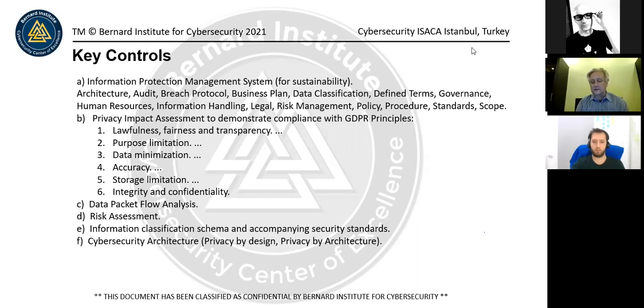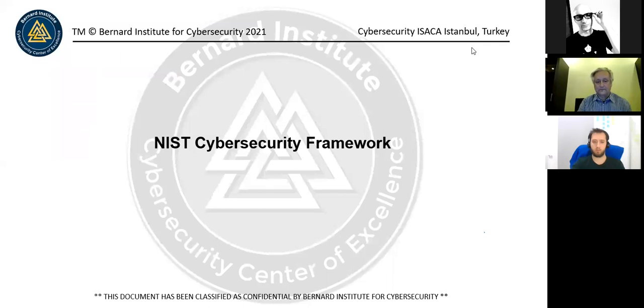And you need to have some kind of information handling procedure to teach people. And again, you need cybersecurity architecture. It's often referred to as privacy by design or privacy by default, not architecture. That's a typo there, sorry about that. But they're really asking for architecture. And I'm going to show you an example of that too, shortly.